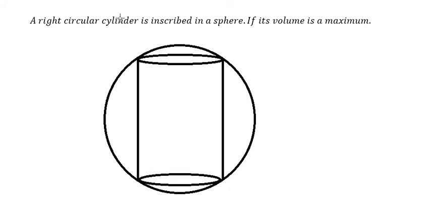So this cylinder inside the sphere, we need to draw the dotted line in here. We know that this diagonal goes through the center of the sphere.